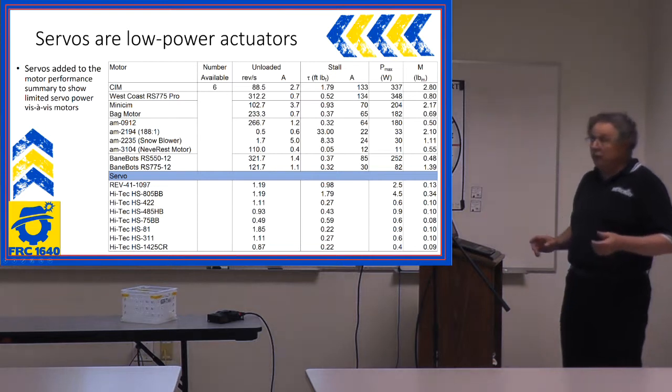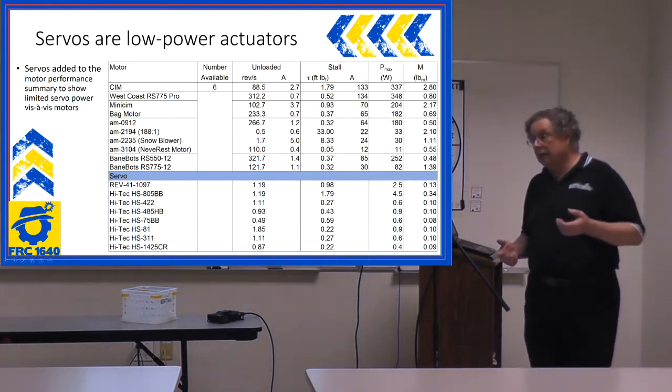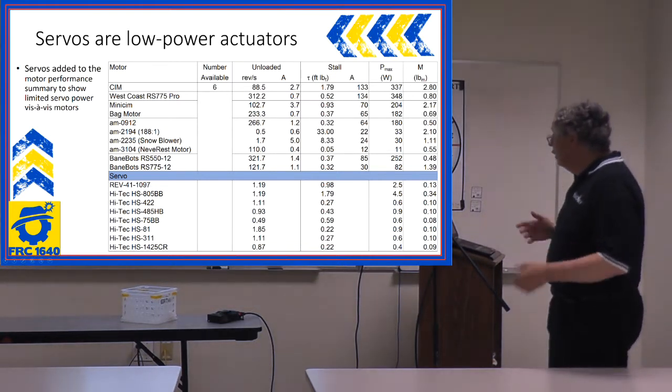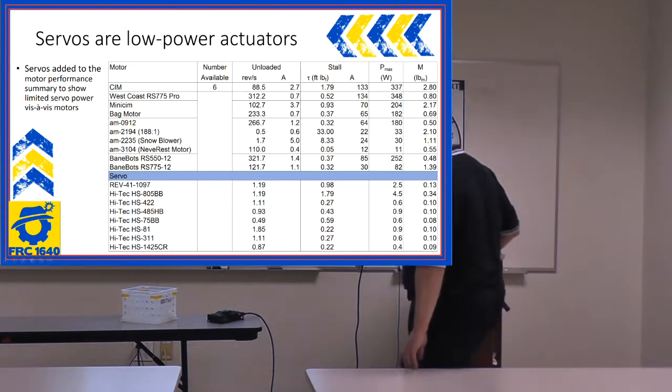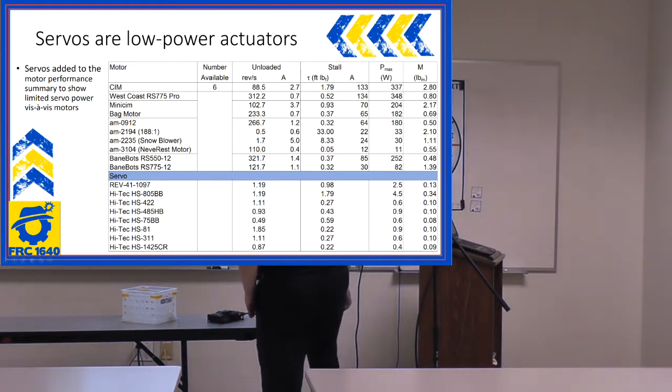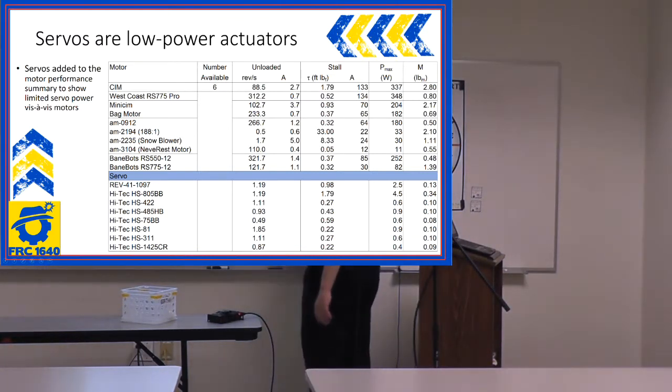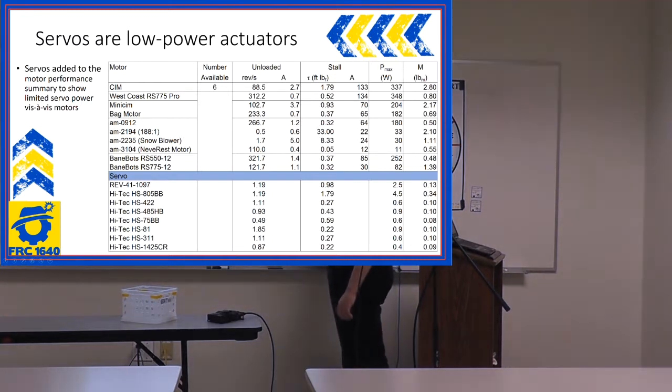But when I talk about them being low power, they really are. The key thing to look at here: I've thrown the servos in with the motors we talked about earlier. These are the servos we have available to us that we can buy. Now, the top 2 are actually pretty reasonable.